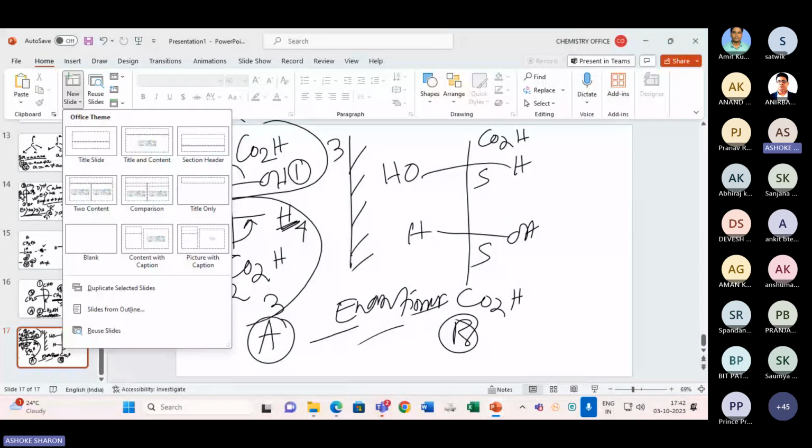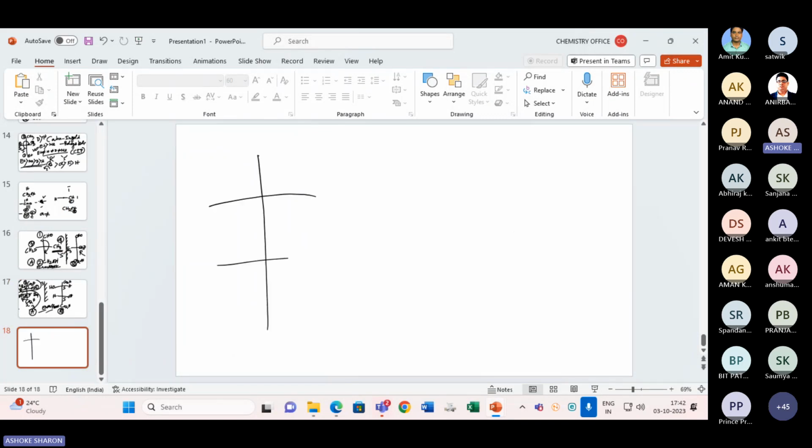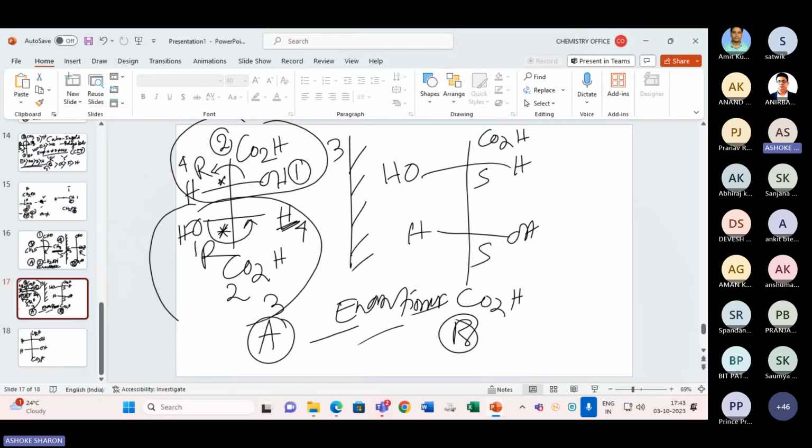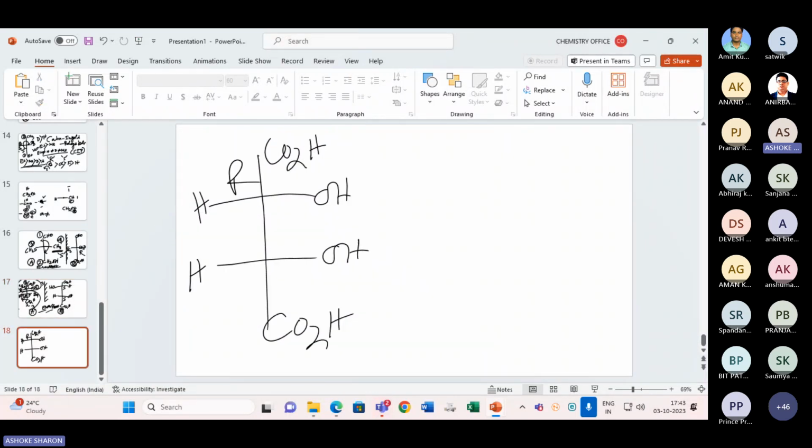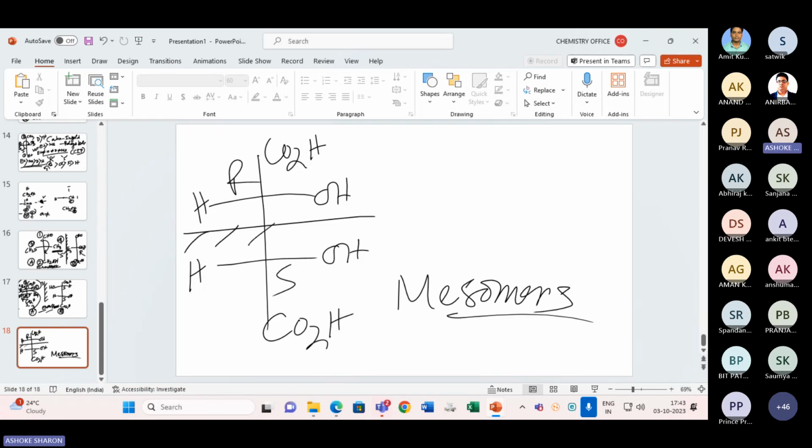There is a very interesting example I am explaining to you. Let's consider OH, OH, hydrogen, hydrogen, CO2H, CO2H. See, previously you observed this center is R. Definitely that will also be R, and definitely that will be S. So now you can see this center is R, this center is S, but this compound is called a meso compound, because half of the molecule is the mirror image of the other half of the molecule.